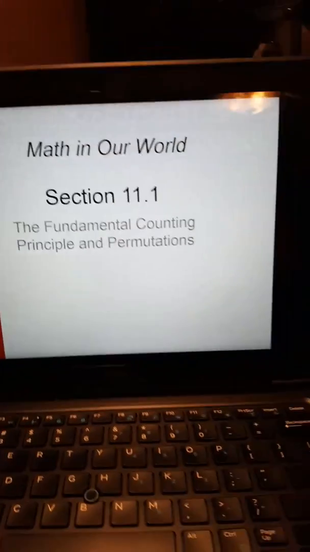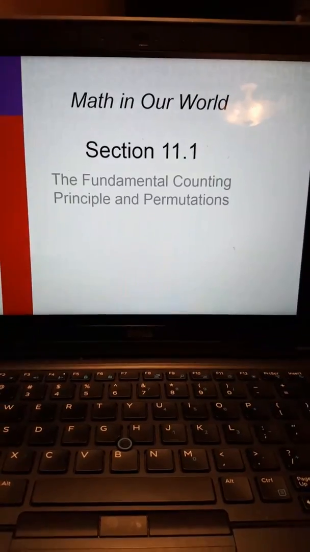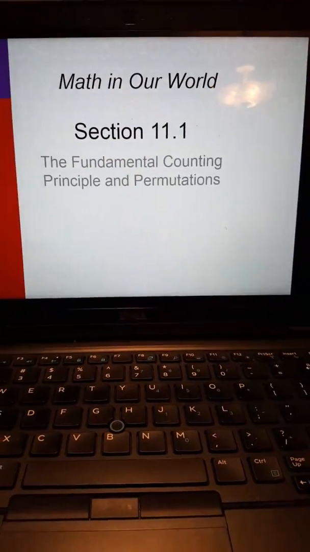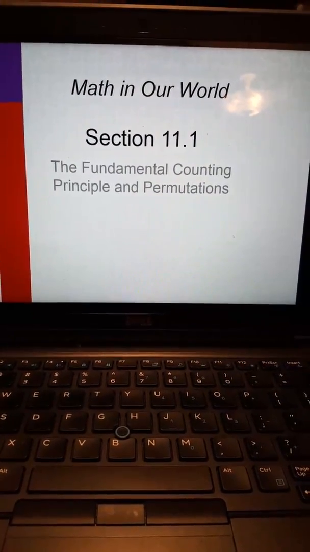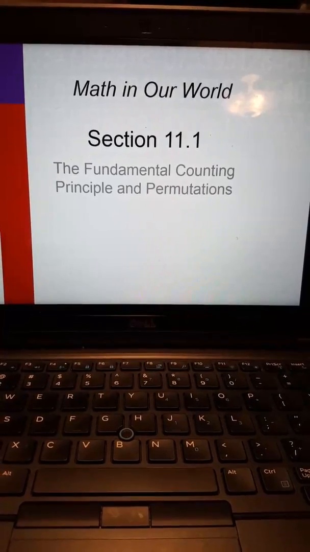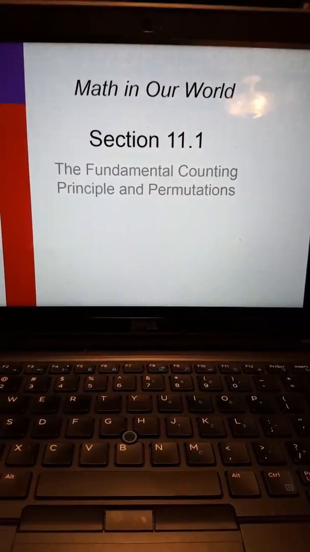All right, so again, I know we started with 11.1 in the 1 o'clock class before we left, and we're going to be talking about the fundamental counting principle and permutations.